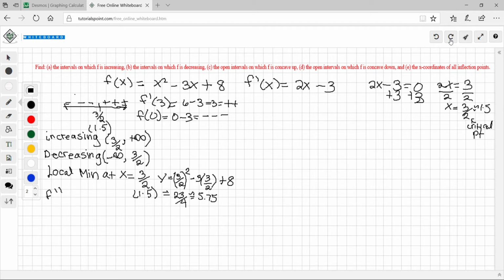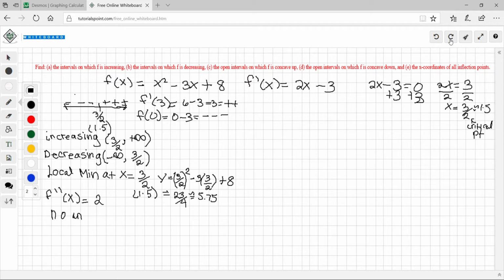So now we've got to find the inflection points, and then find concave up and concave down. To find the inflection points, you take the second derivative. The second derivative of 2x minus 3 is just 2. Since we don't have an x value, we don't have an inflection point.